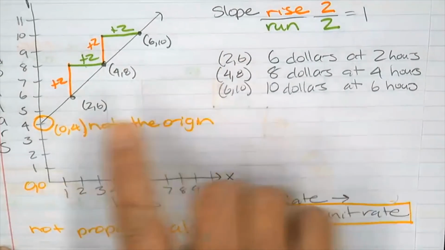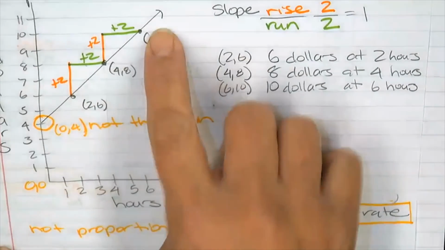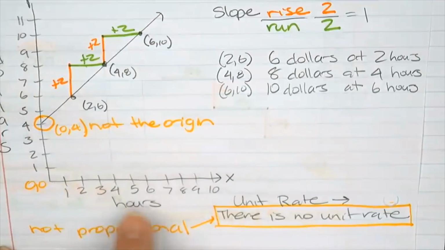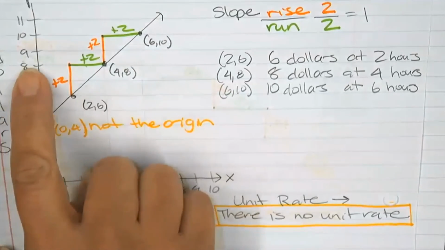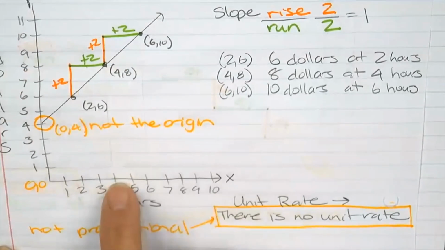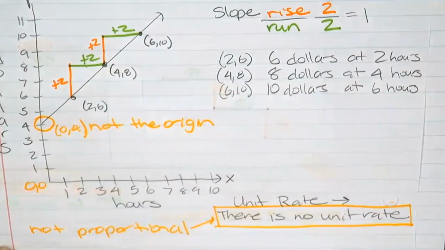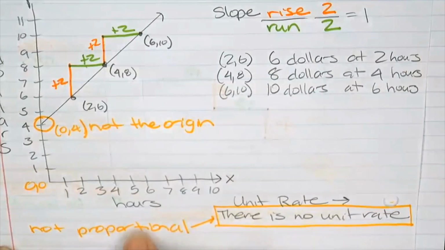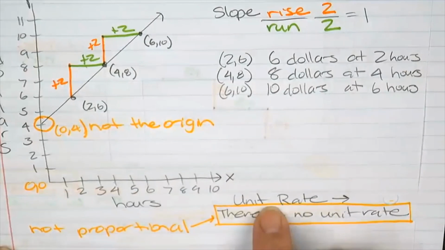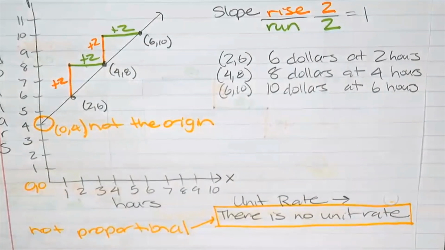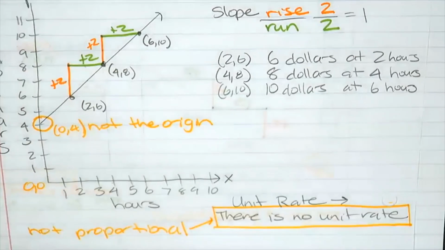We know how to describe the points. So $6 at 2 hours, $8 at 4 hours. And if it's proportional, the slope is its unit rate. If it is not proportional, there is no unit rate. So this is the new stuff for today.